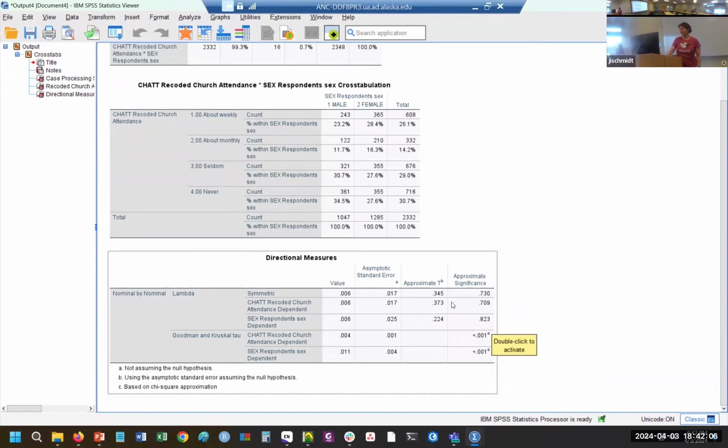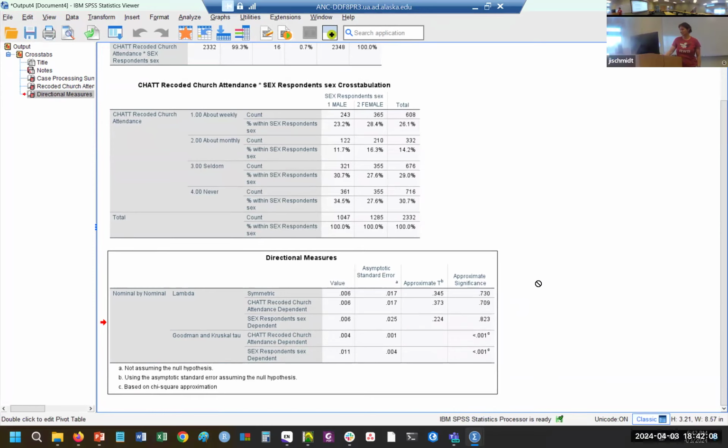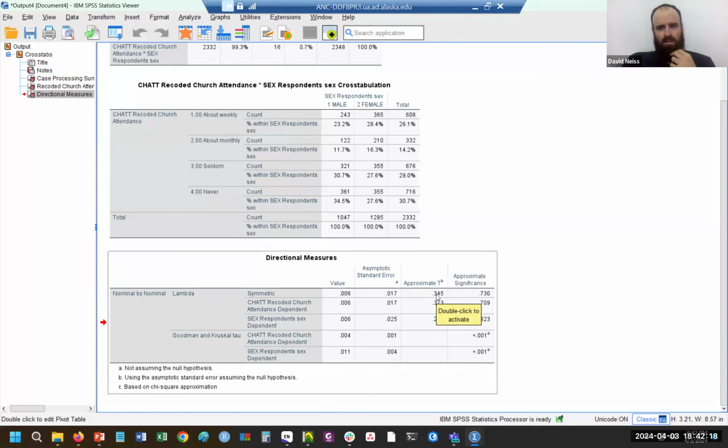I haven't really paid attention to the approximate significance, because if I want to look at significance, I usually run the correlation statistic that you pointed out before. So what we're looking at is this approximate capital T, which I'm guessing is lambda.